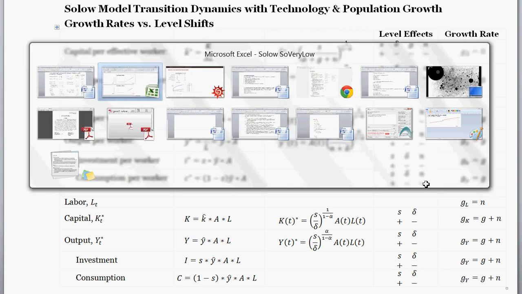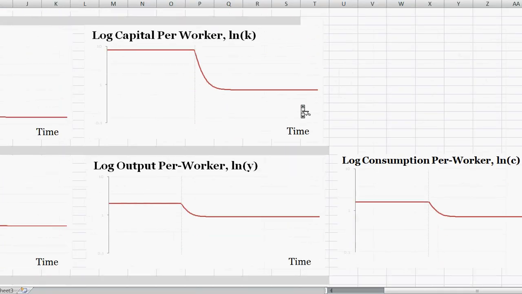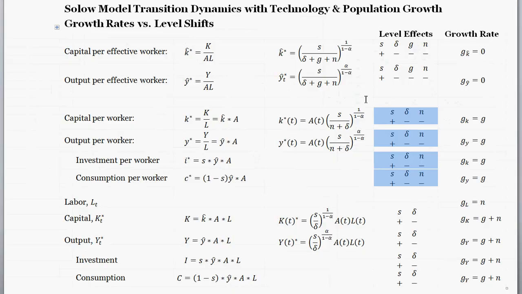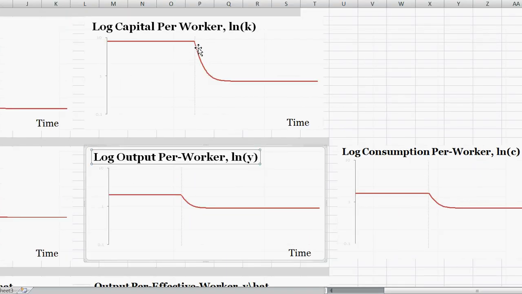So let's see what happens to those through time. So this is capital per worker, and this is output per worker. So we see that an increase in the population growth has a negative level effect on capital per worker and output per worker, and we see exactly that happens.